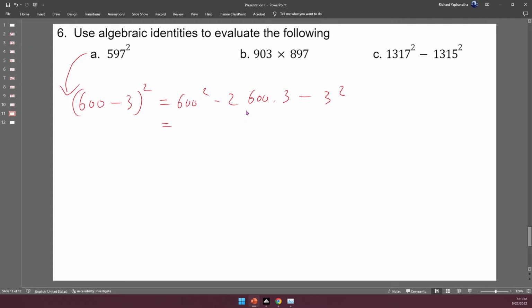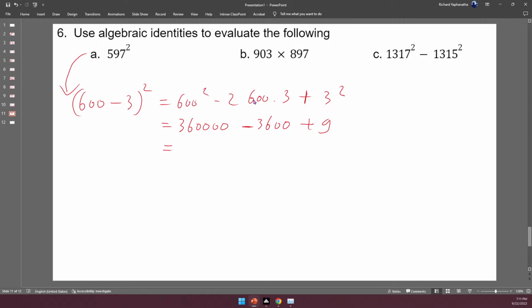You don't need a calculator for this. 36, because we have 20 here, it will be 40 after the square. No, I'm not okay. I'm going crazy, I believe. Oh, this is plus. It will be 2 multiplied by 3, it will be 6. 6 multiplied by 6, okay, plus 9.